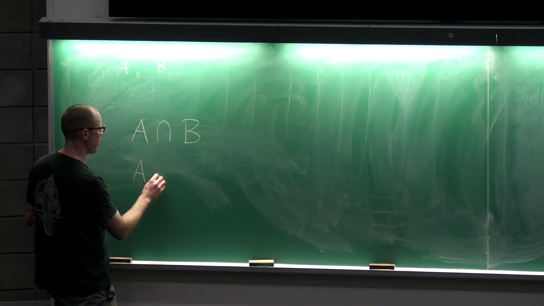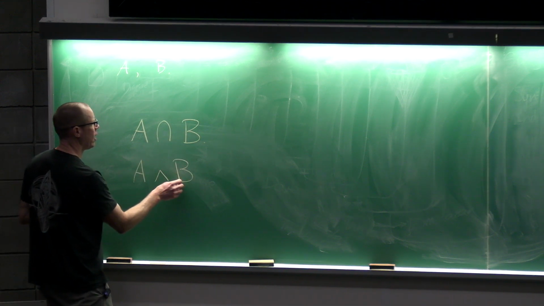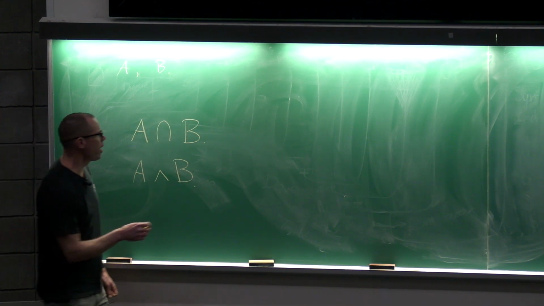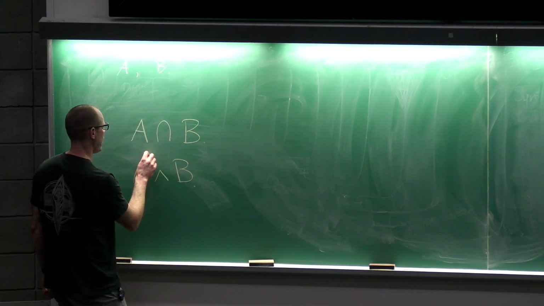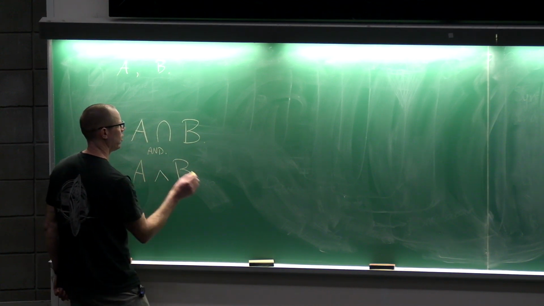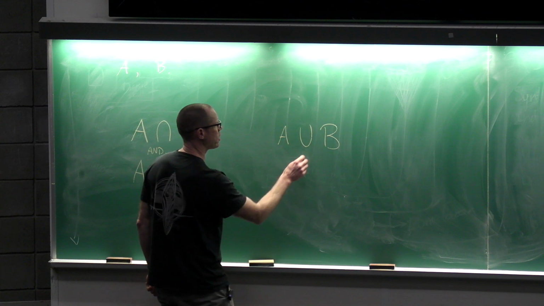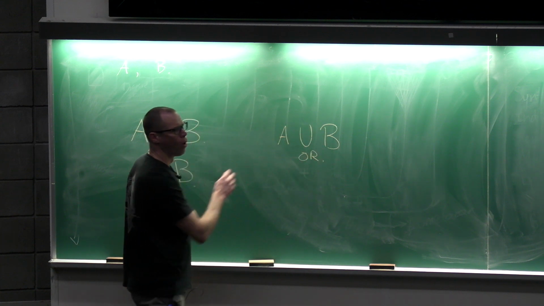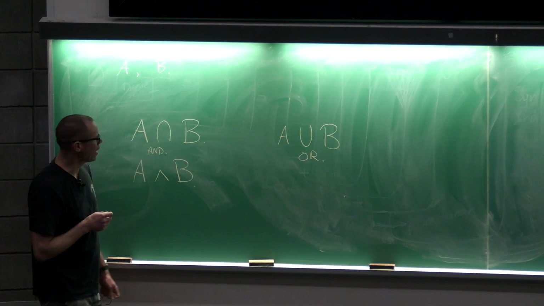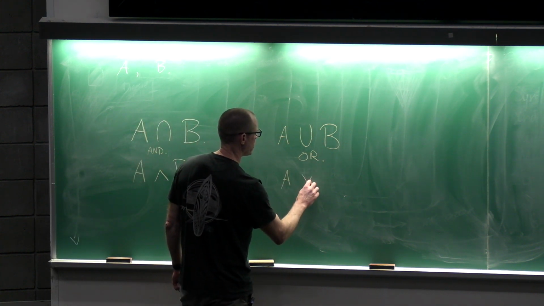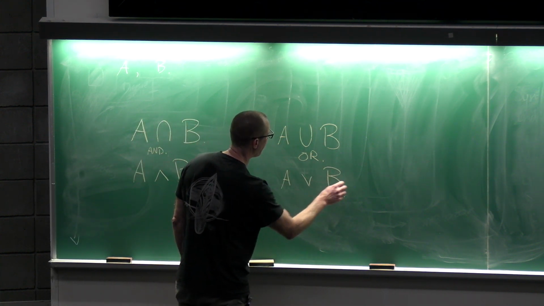You might see that in some other places to look like this. This is the logical AND operator. And when I write things like this, I use the word OR for this thing, but it's really A union B, and that corresponds to the logical OR operator.